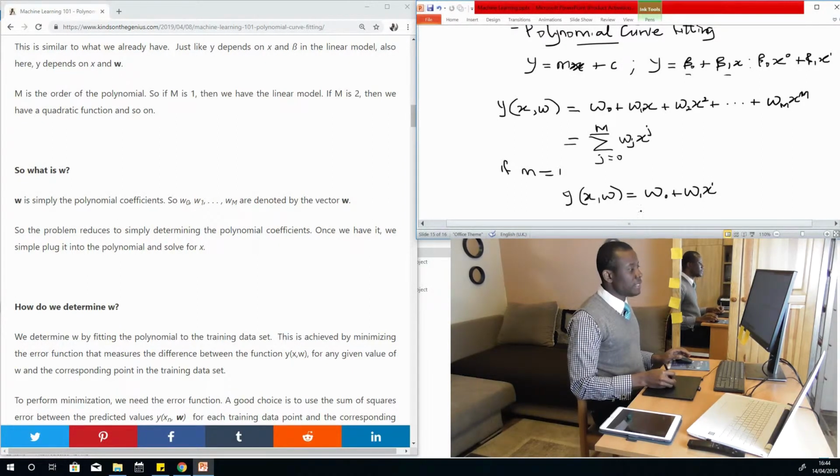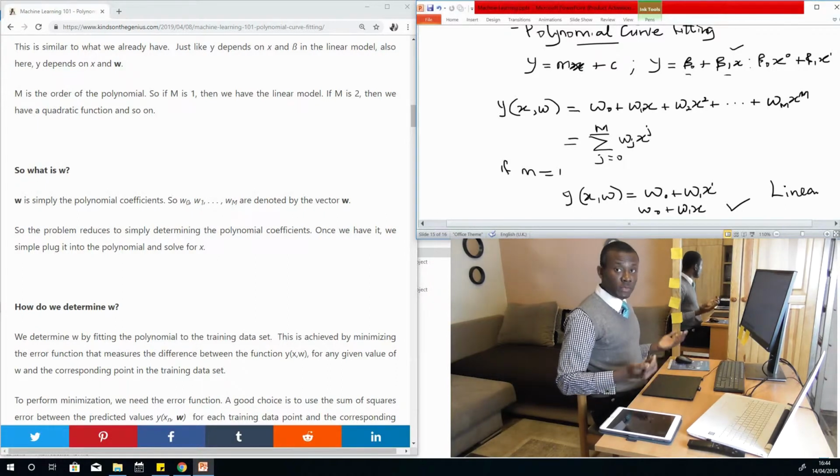So this is the same as w0 plus w1 x. So this is the same as the equation of linear regression that we already know. That is when we choose m to be 1, we have linear regression, and that is clear. Alright.